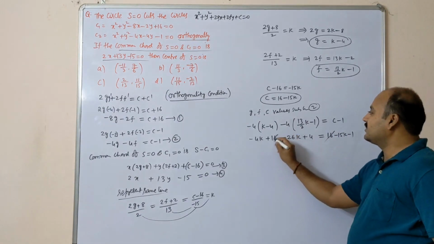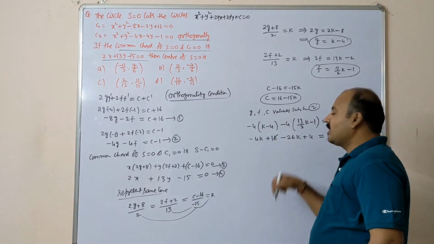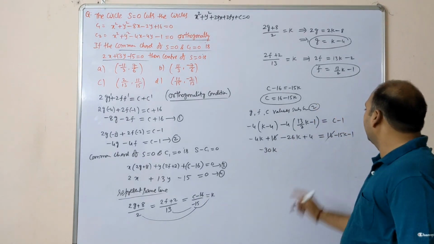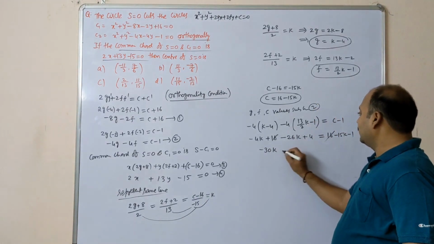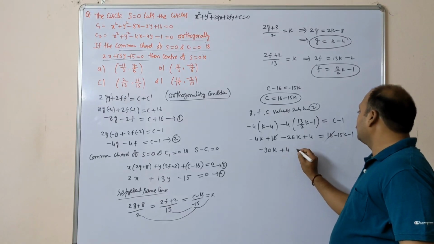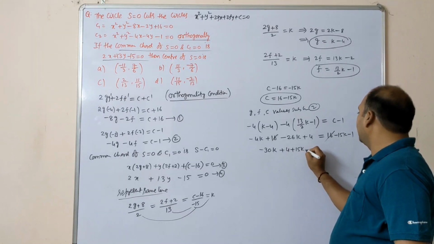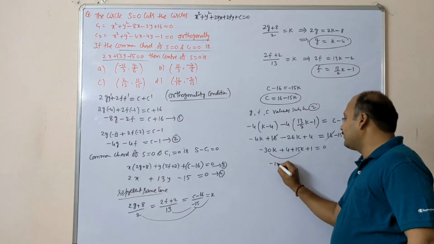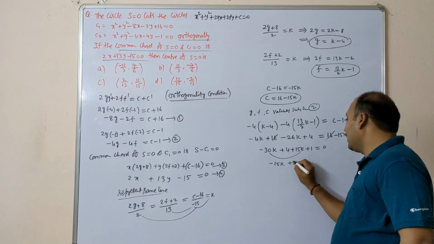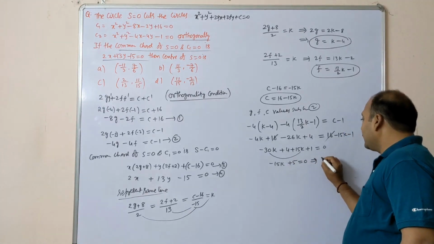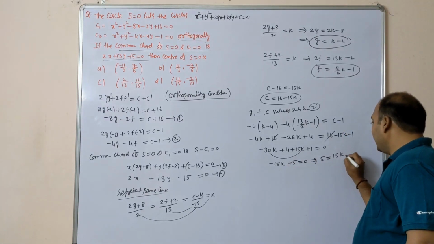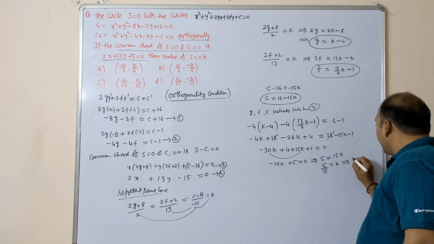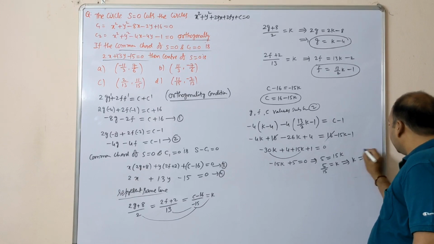Both sides 16 will be cancelled. Minus 4k minus 26k is minus 30k, and plus 4 plus 15k plus 1 equal to 0. So from these two, minus 15k plus 5 equal to 0. That implies 5 equal to 15k, so k equal to 5 by 15. So that implies k is equal to 1 by 3.